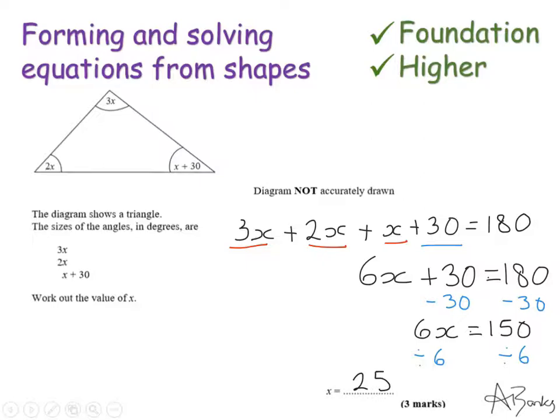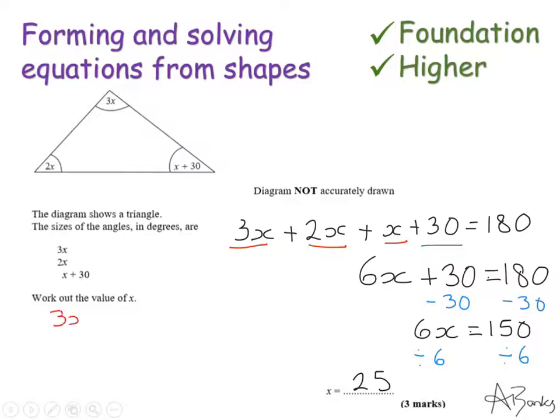It's worth noting here that on both of these examples I've just completed, the question could be work out the value of the largest angle or work out the value of the smallest side. And all this would mean doing is substituting this value here, this 25, back into these three angles. So let's say the question was work out the size of the largest angle.